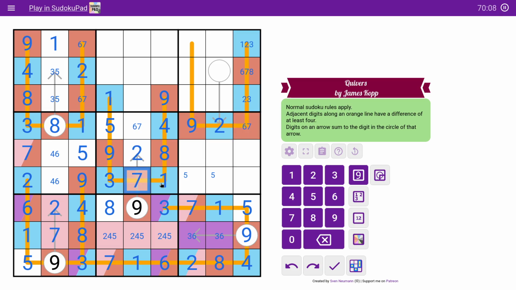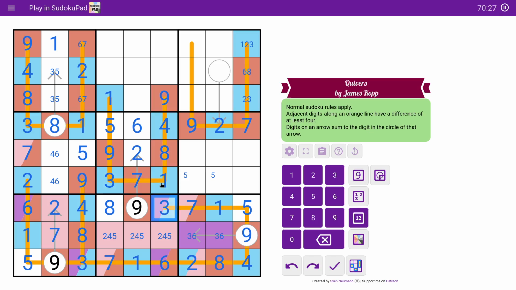Here we go. 4-6 is still ambiguous, as is 3-5. Just doing a sanity check.